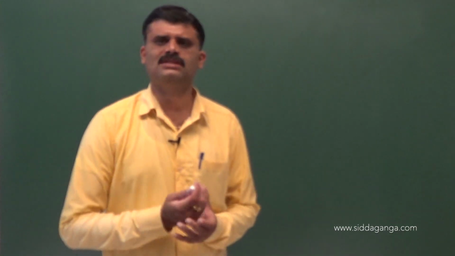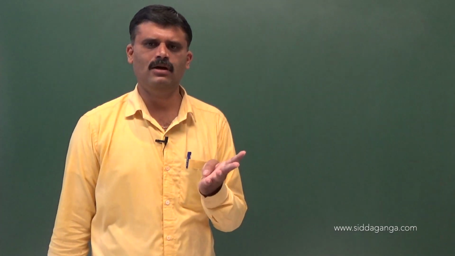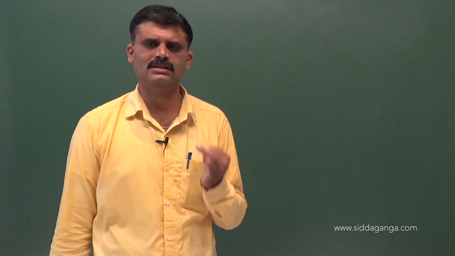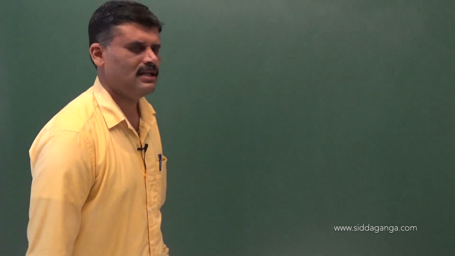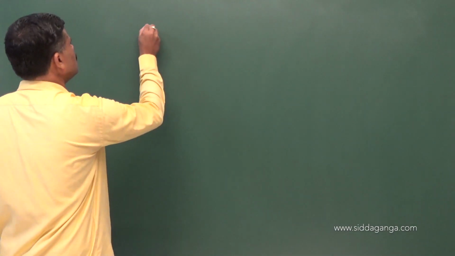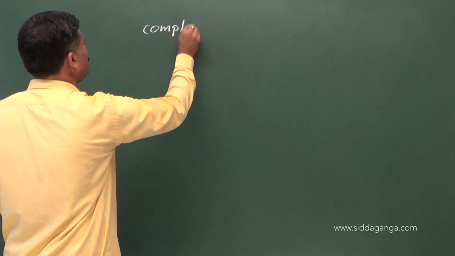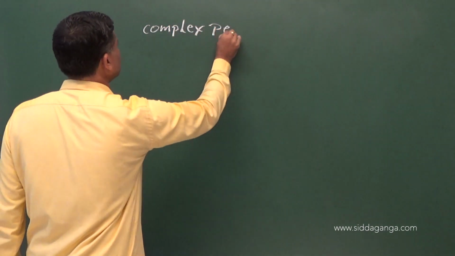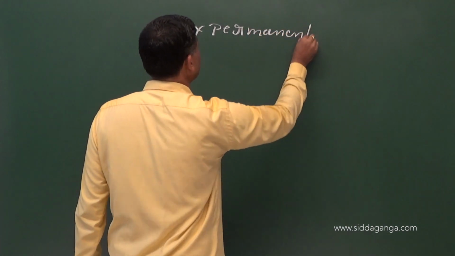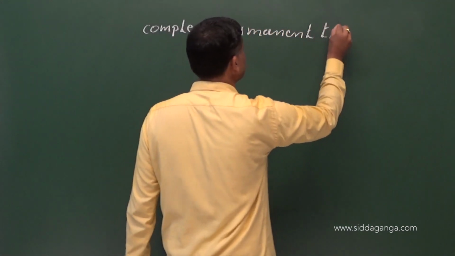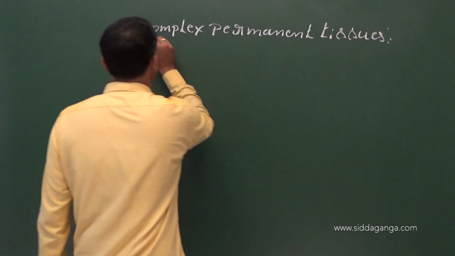Okay, so we discussed simple permanent tissue, where we covered parenchyma, collenchyma, and sclerenchyma, their types and functions. Next type of permanent tissue is complex permanent tissue.